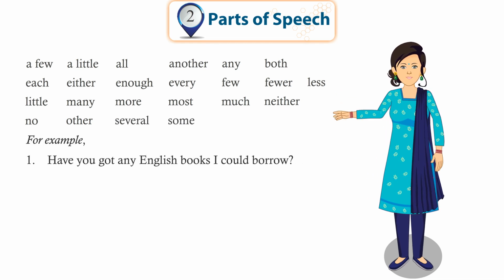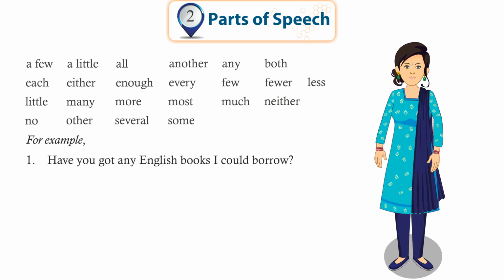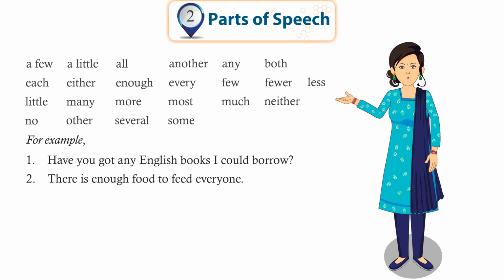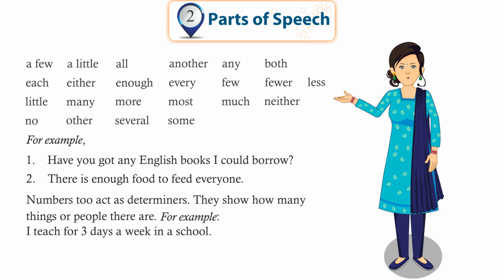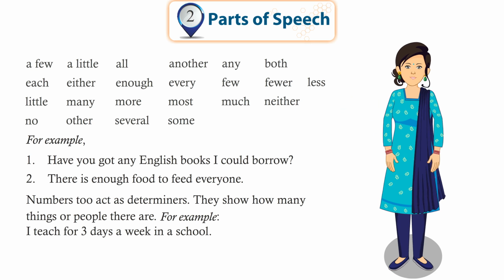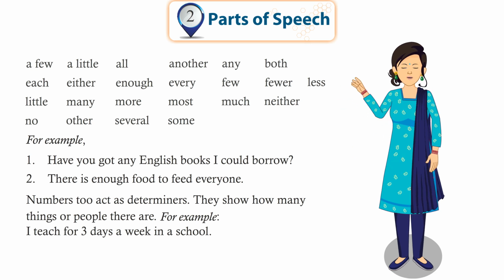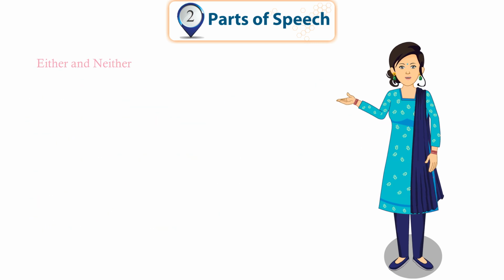For example, have you got any English books I could borrow? There is enough food to feed everyone. Numbers too act as determiners. They show how many things or people there are. For example, I teach for 3 days a week in a school.